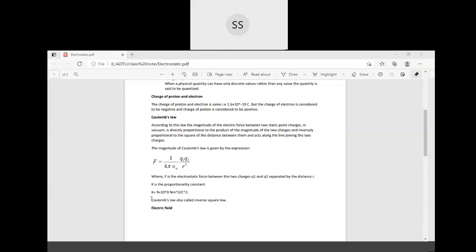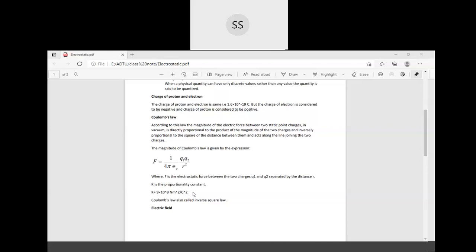The value of K is 9 into 10 to the power 9 Newton meter square divided by Coulomb square. Newton is the unit of force, meter is the unit of distance, and Coulomb is the unit of charge. So this is the unit of K, Newton meter square divided by Coulomb square.